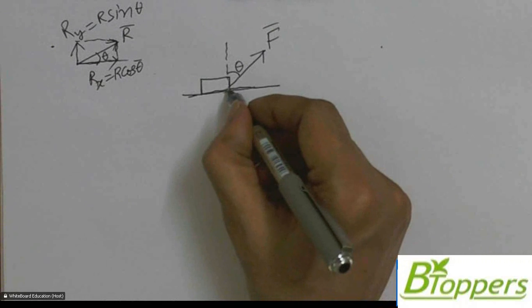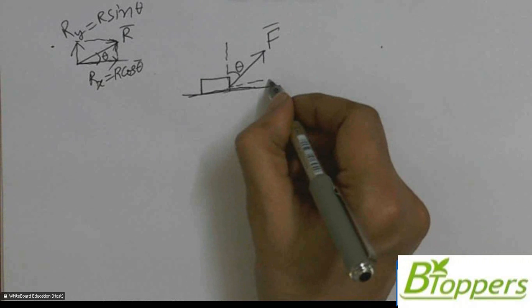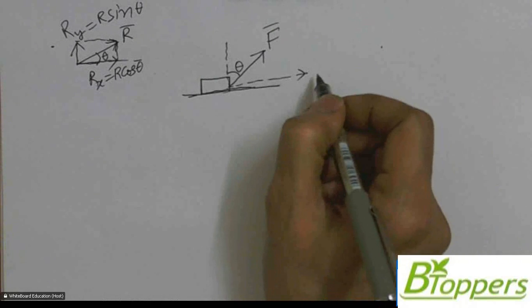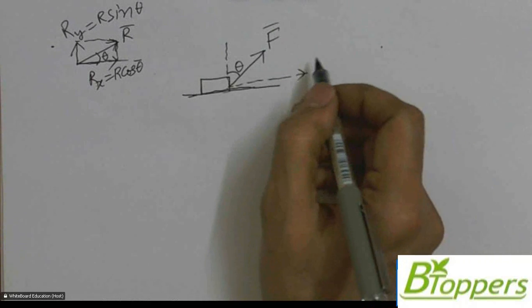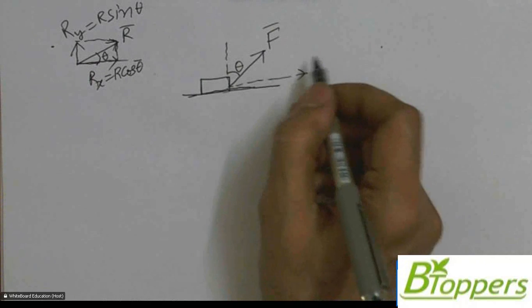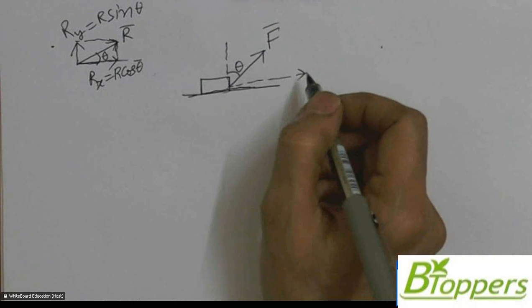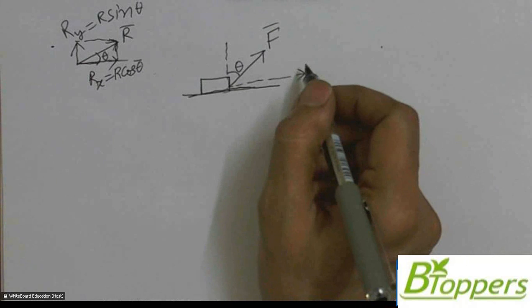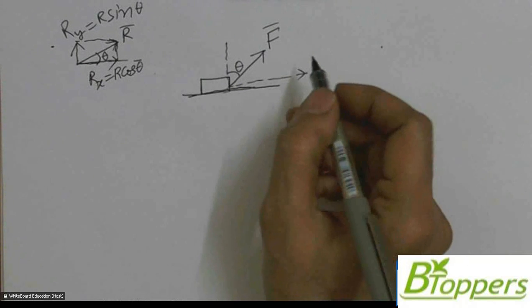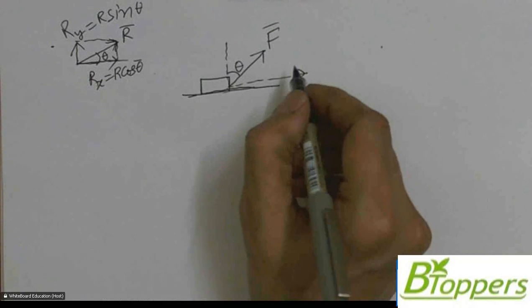And in the solution of the problem, we may choose... I am not solving a problem at present. I am only discussing how to resolve a force into two rectangular components in different situations.